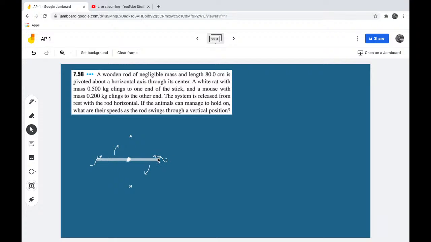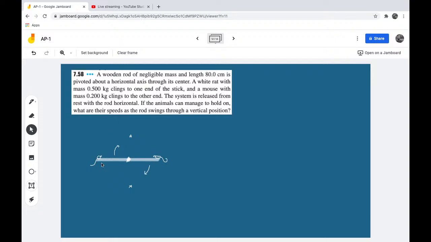But the kinetic energies of the rat and the mouse, if you observe carefully, do they have different velocities or the same velocities? The problem says they cling to the rod.